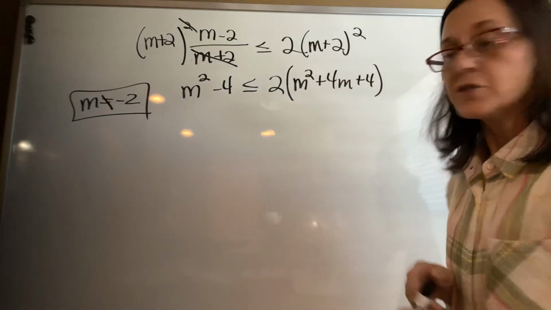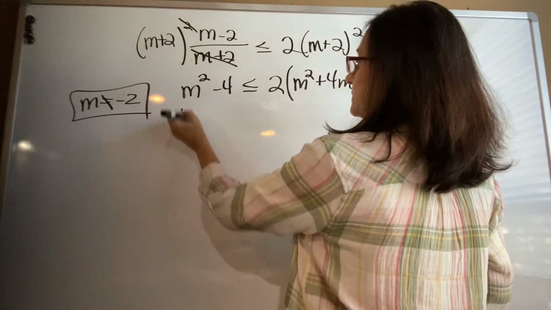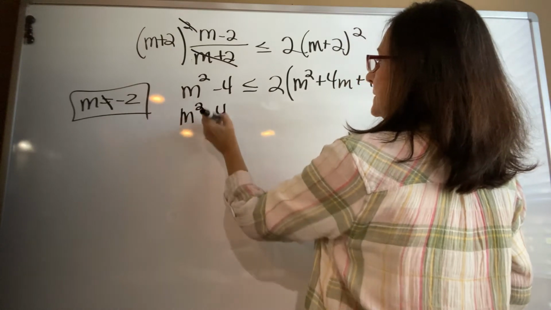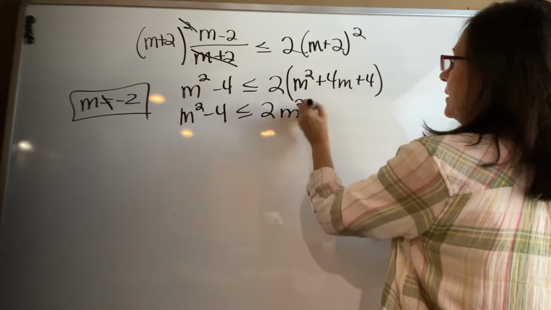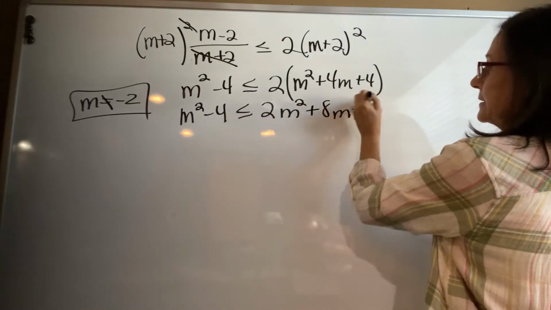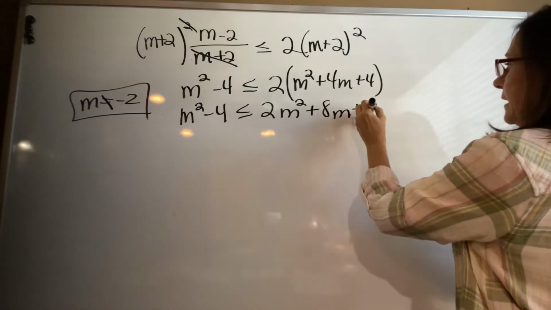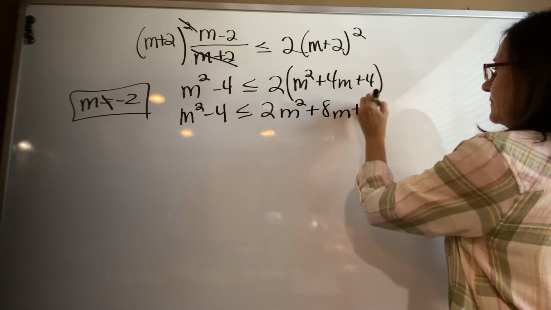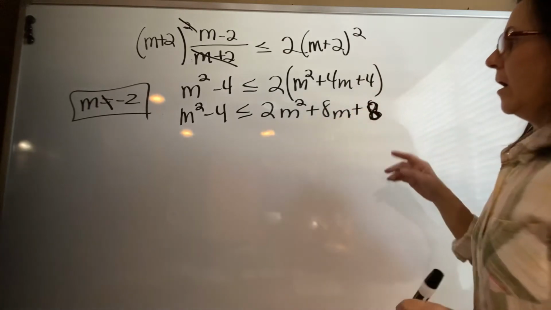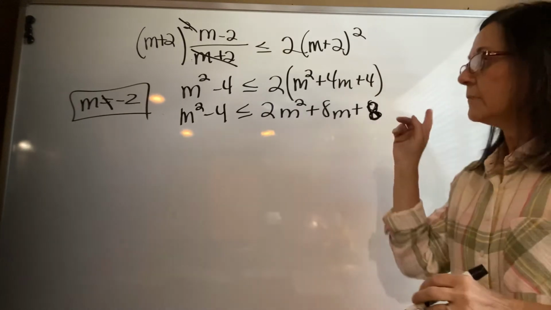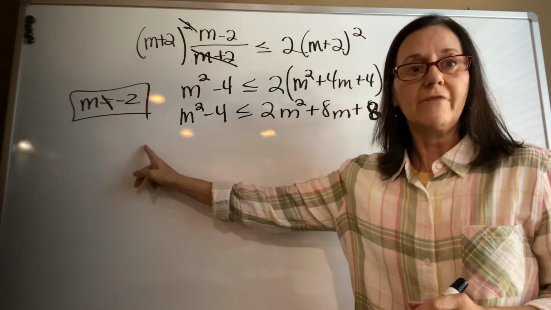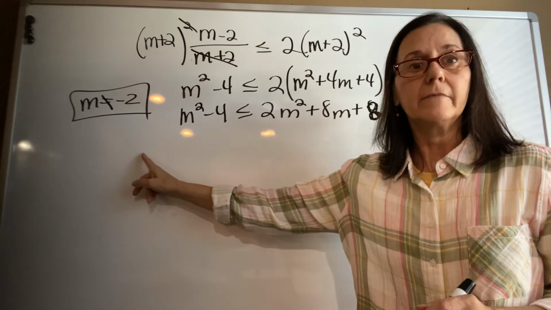Then we distribute the 2 to all of the terms. So that's 2m squared plus 8m plus 8. All right. I'm going to move everything to the left because that's what we're accustomed to seeing.